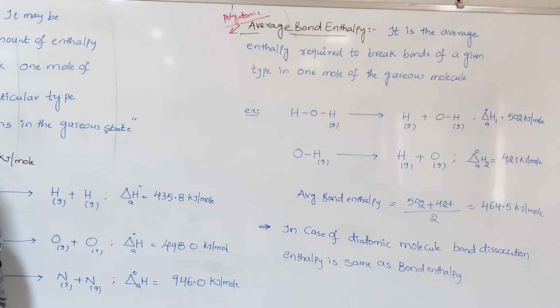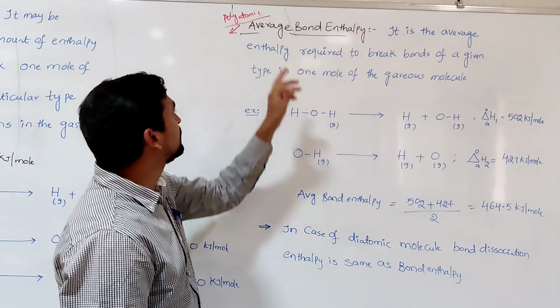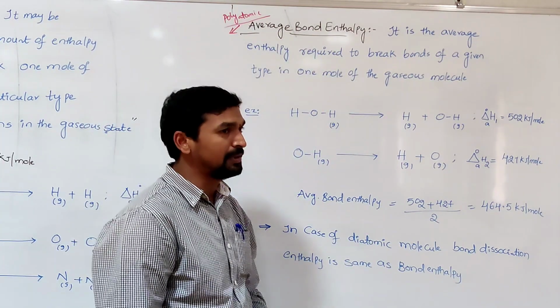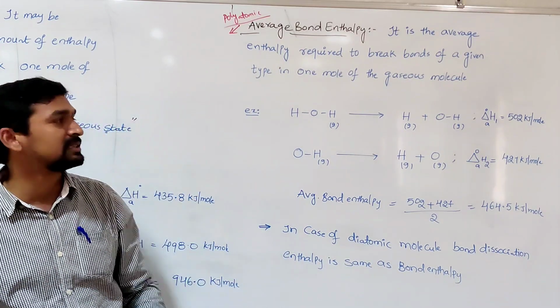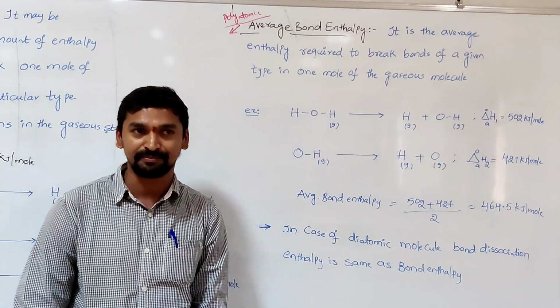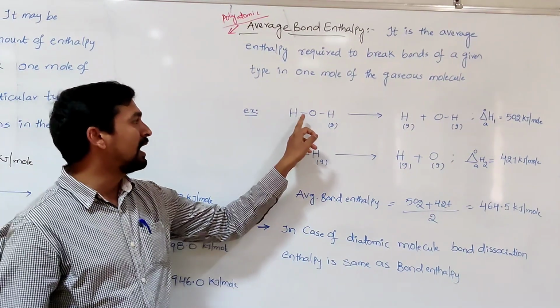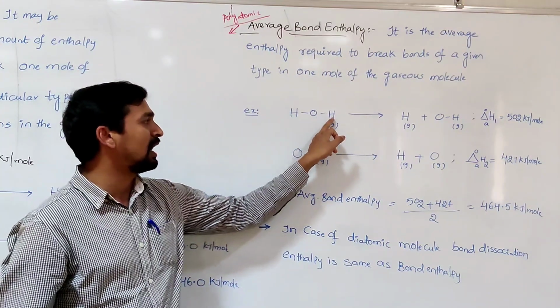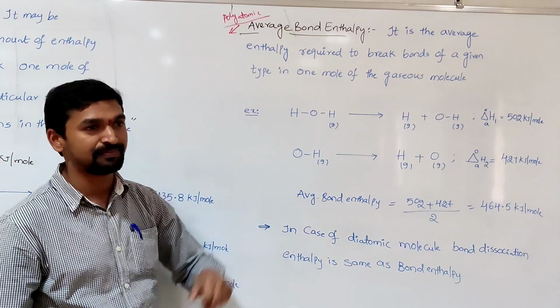Polyatomic molecules means more than 2 atoms are involved in the formation of a molecule. So in the case of a polyatomic molecule, we use the term average bond enthalpy. Why do we use average bond enthalpy? We can understand with the help of a simple example. Take the water molecule. In the water molecule, the 3 atoms, hydrogen, oxygen and hydrogen, are bonded together by 2 bonds.